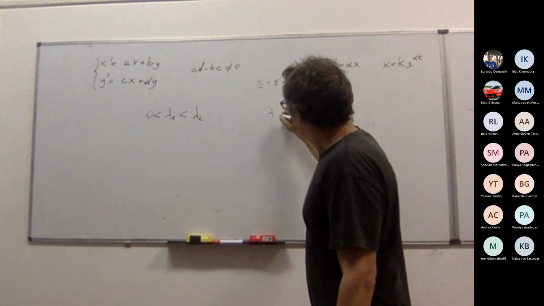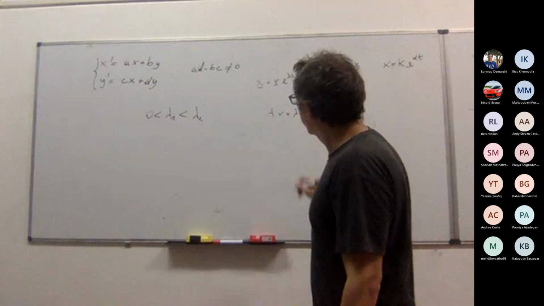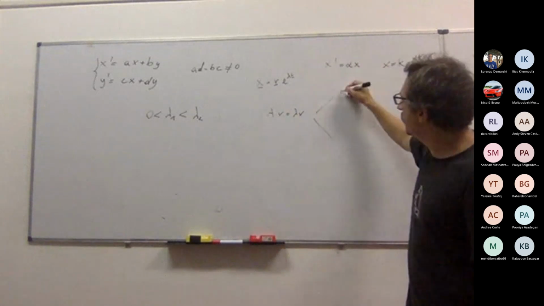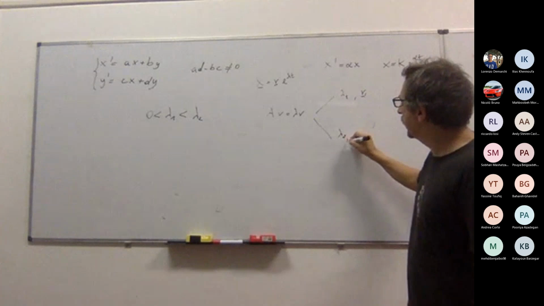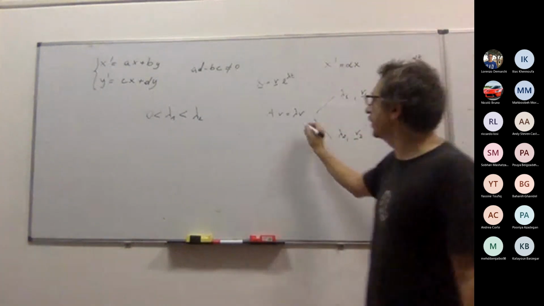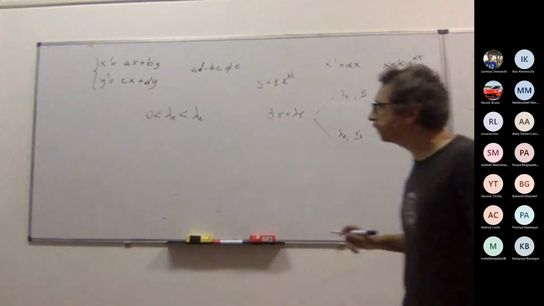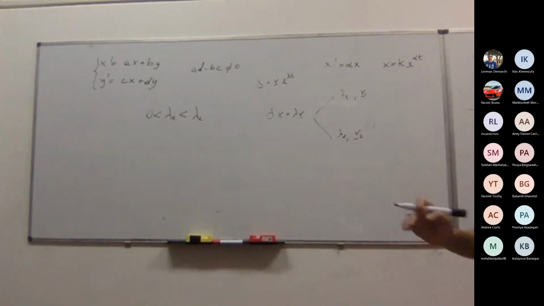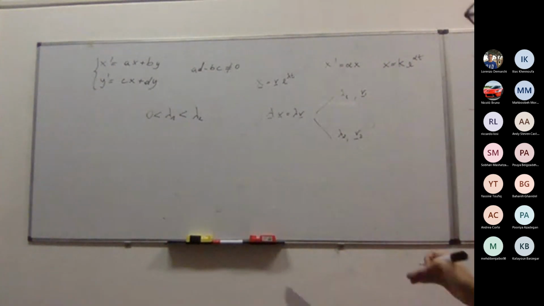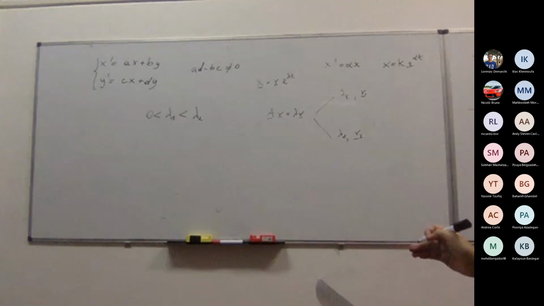So this problem will have 2 solutions. One solution with the lambda 1 and some b1, and another solution with the lambda 2 and some b2, where b1 and b2 are linearly independent vectors.